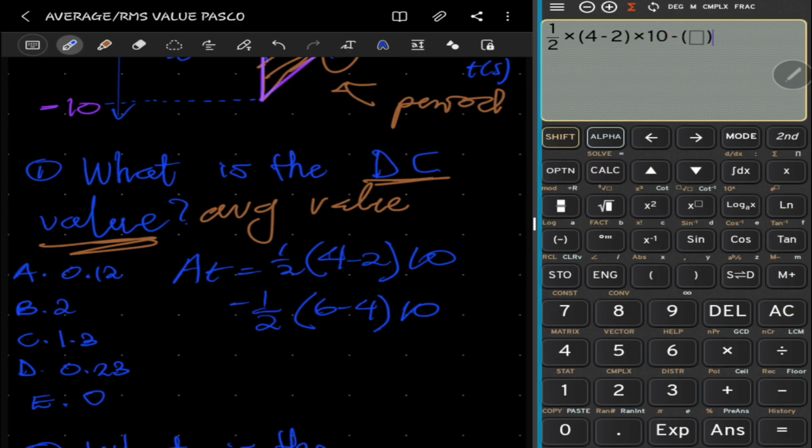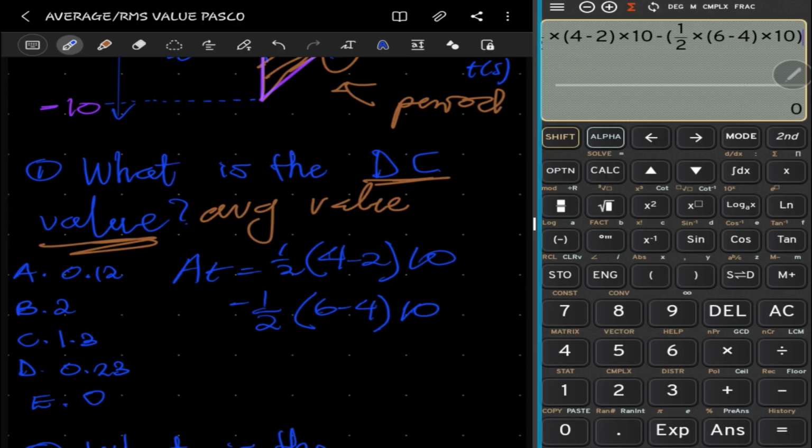And then we have this inside, minus 1 on 2 times 6 minus 4 times 10, right?